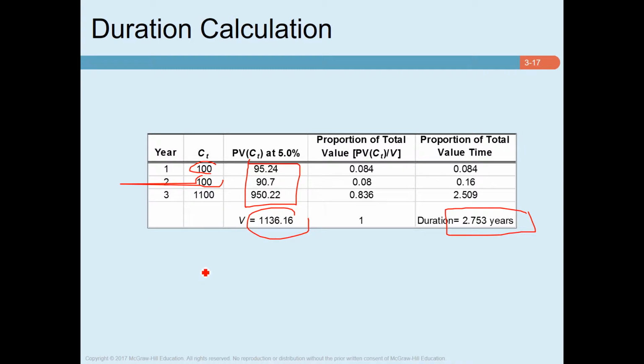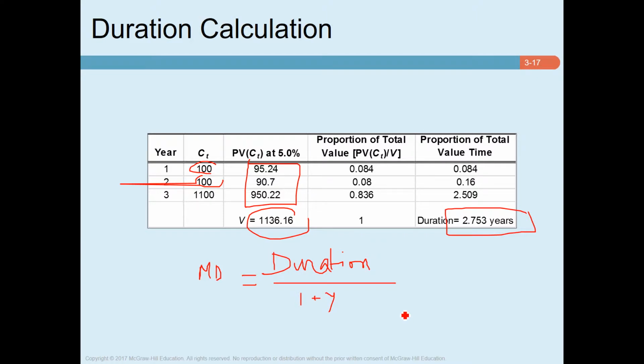So modified duration is duration divided by 1 plus yield to maturity. The modified duration measures the percentage change in bond price for a 1 percentage point change in yield.